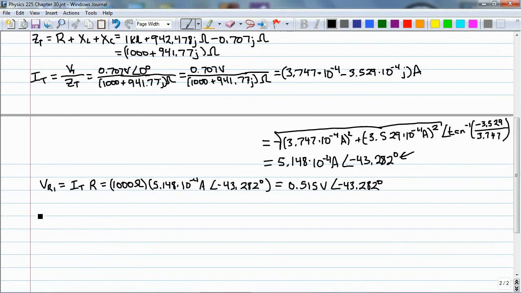For the capacitance, I'm going to have the total current times the capacitive reactance, not just the capacitor, the capacitive reactance.